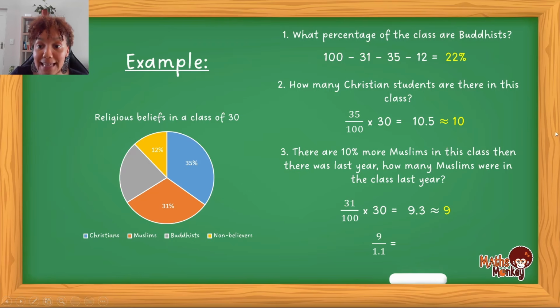So I'm going to take the end value and divide it by 1.1 to get an answer of 8 students. So in the previous class, there were 8 students who were Muslims, and this year there were 9. And that means that there was an increase of 10%.